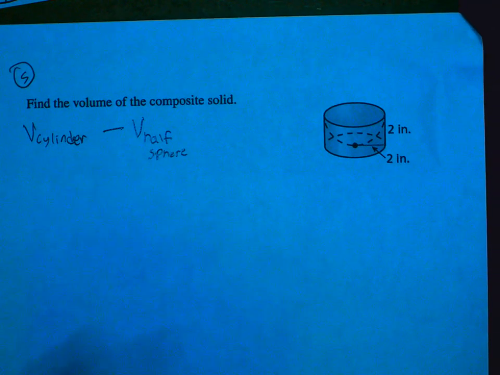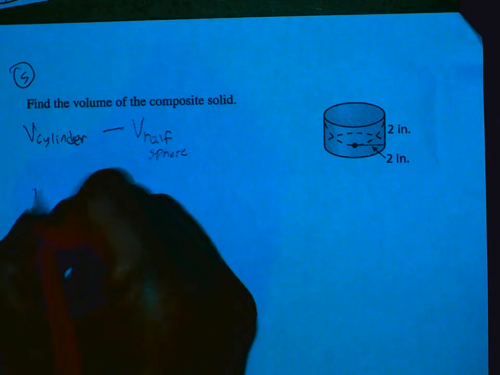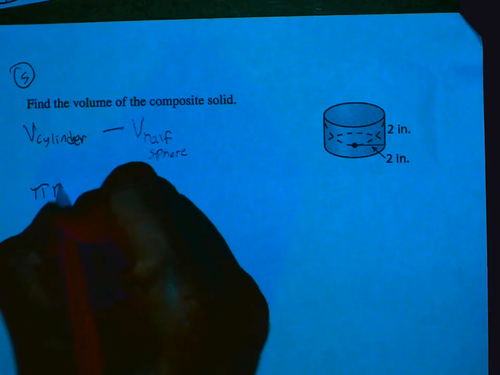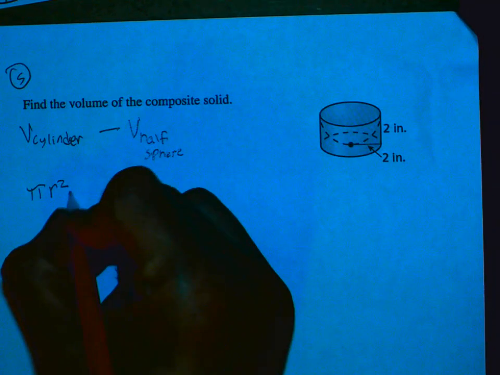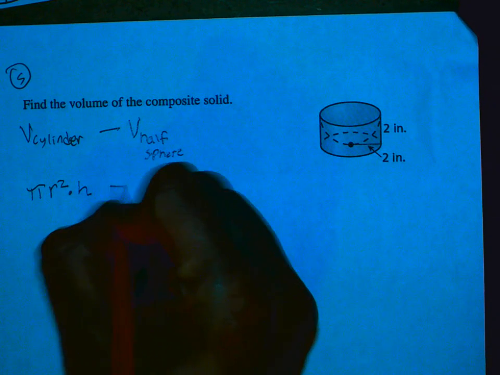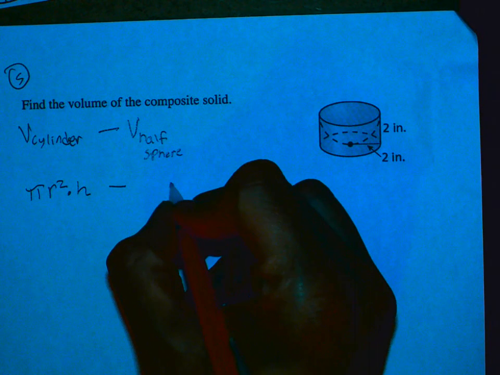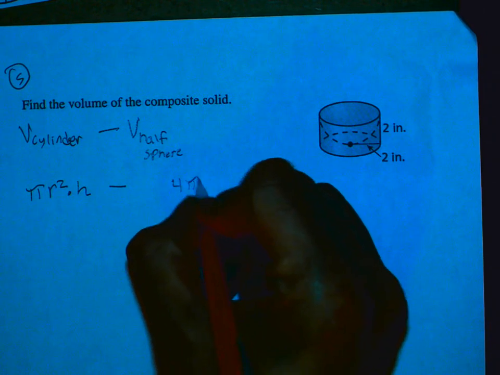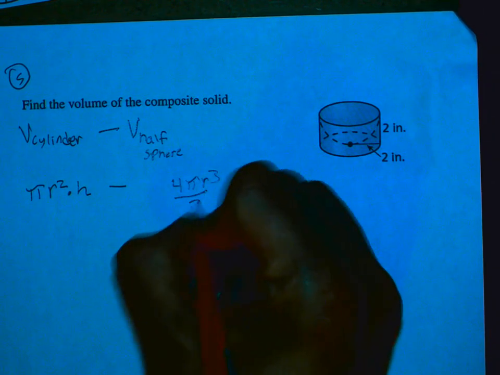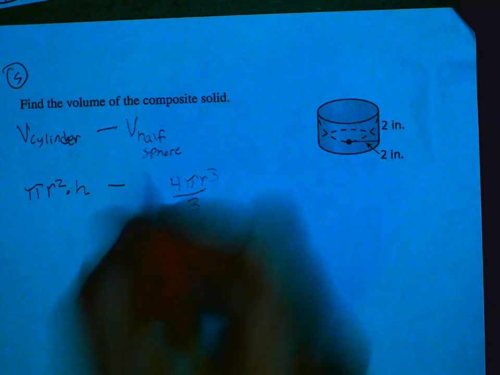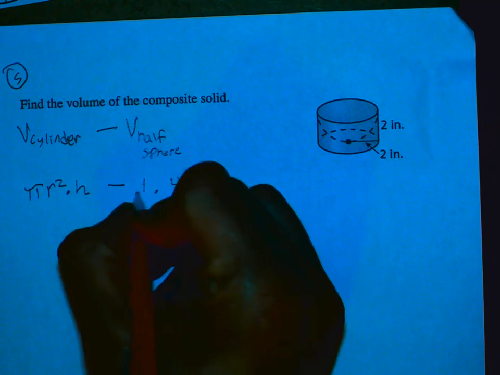So for the volume of the cylinder, we already know that the volume of that is pi r squared times the height of the cylinder. Now, we know that the volume of a sphere is 4 pi r cubed divided by 3. But because I only want half of that, I have to multiply that by 1/2.